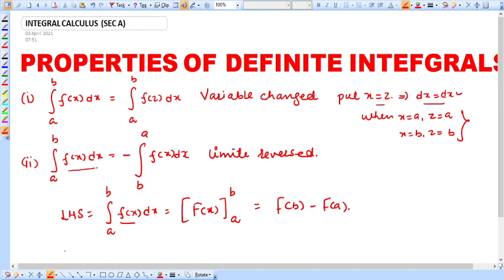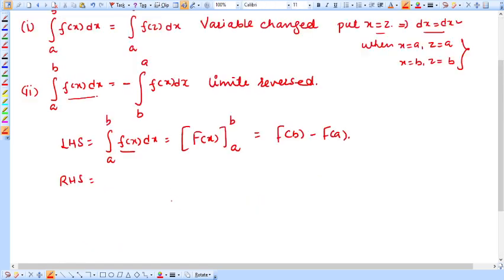Also try to look at the right hand side. Right hand side is equal to minus of integration b to a f of x dx. If you integrate, you are going to get again F of x. The negative sign is outside, so here it is from b to a.